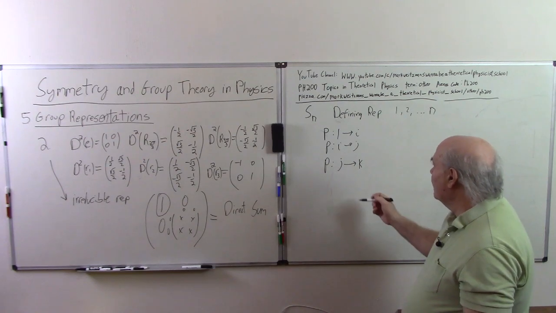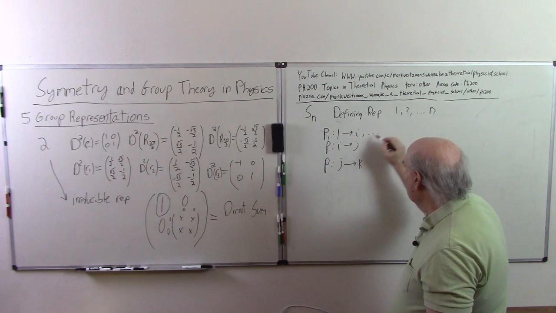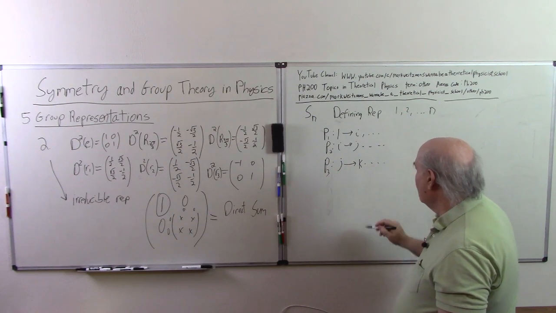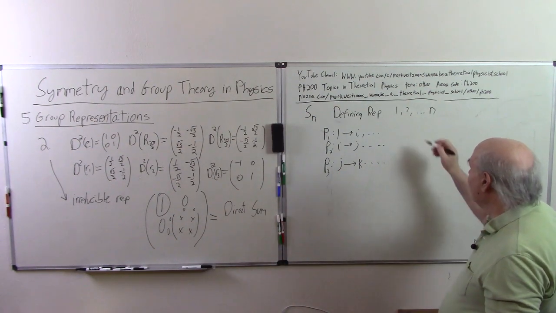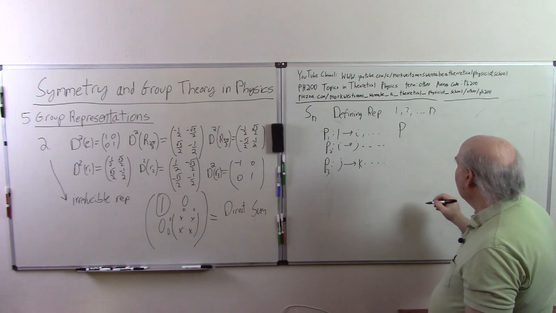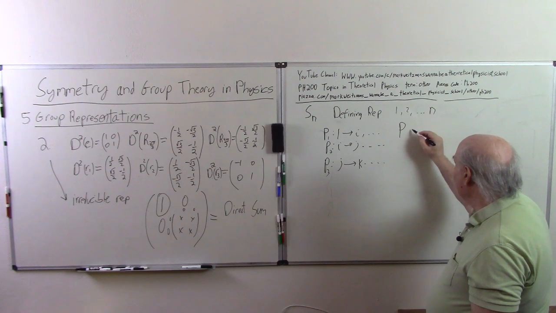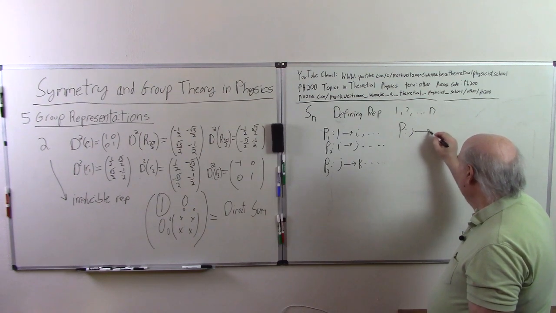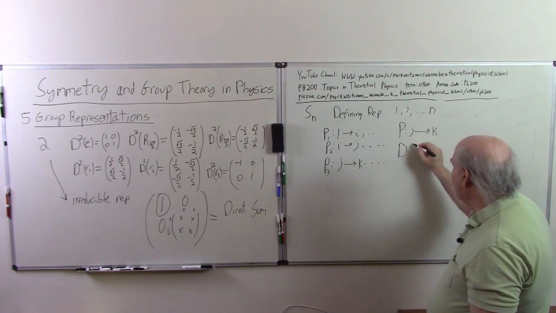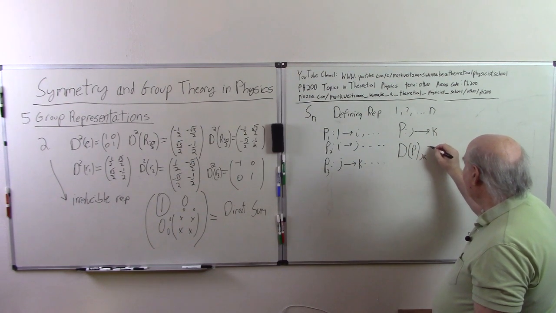So I define for this, let's say this is P1, P2, P3. In general, I assign the matrix for the permutation P. If P maps J to K, then I put a 1 in the matrix DP for the JK element.